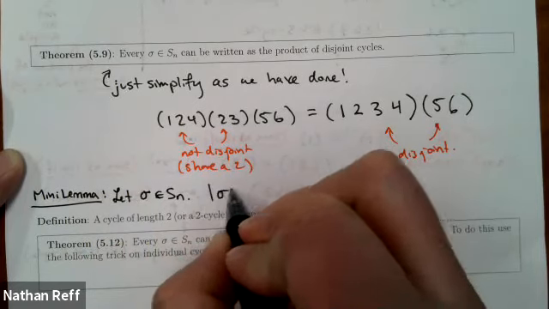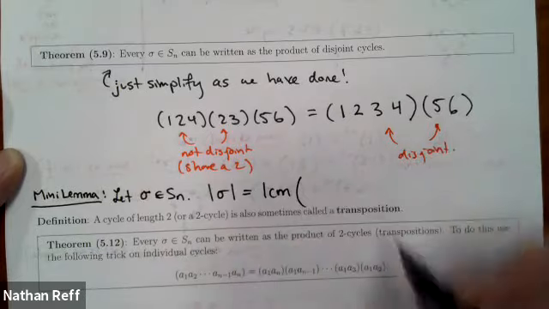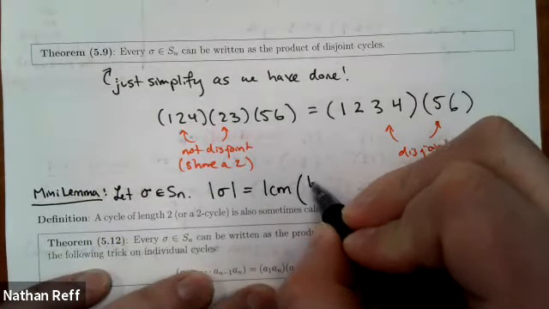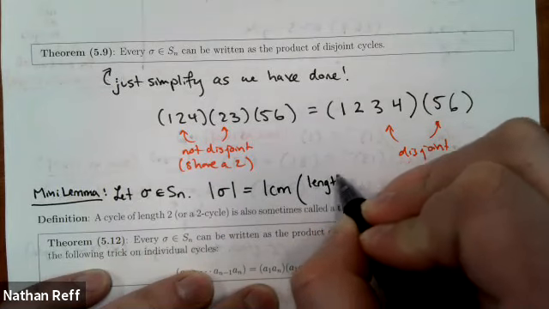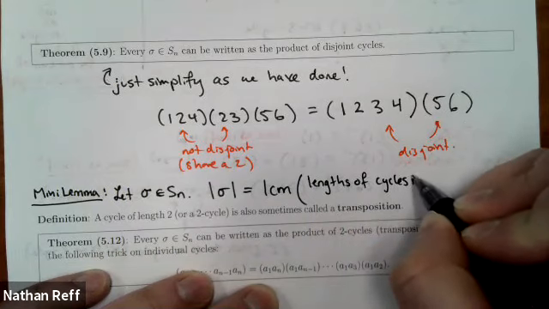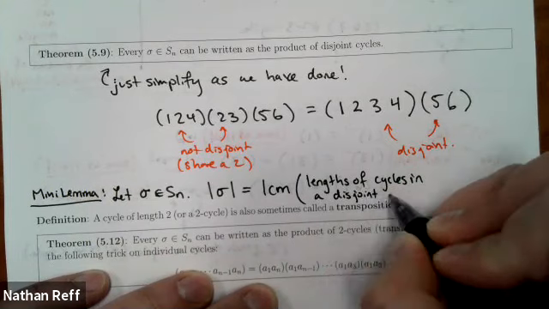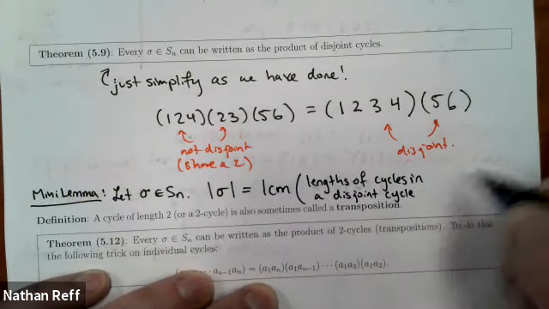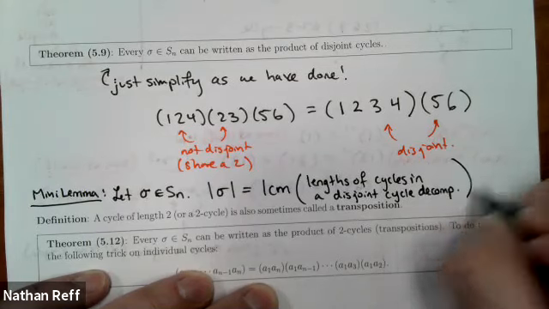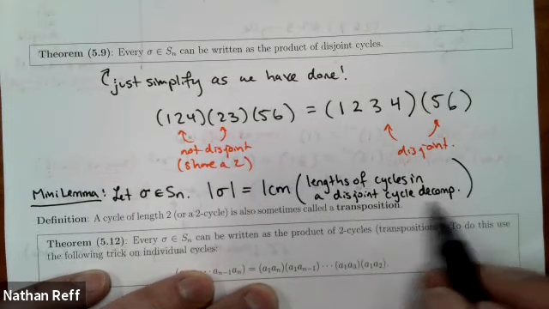If you want to compute the order, it's the least common multiple of the lengths of the cycles in a disjoint cycle decomposition.